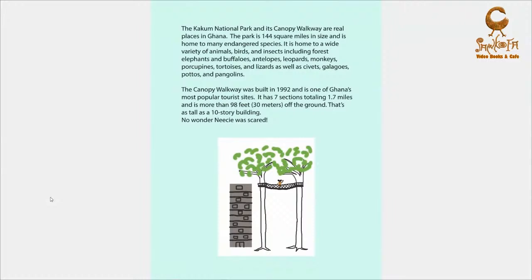But again, there's a little bit of information about Ghana at the end of the book. The Kakum National Park and its Canopy Walkway are real places in Ghana. The park is 144 square miles in size and is home to many endangered species.